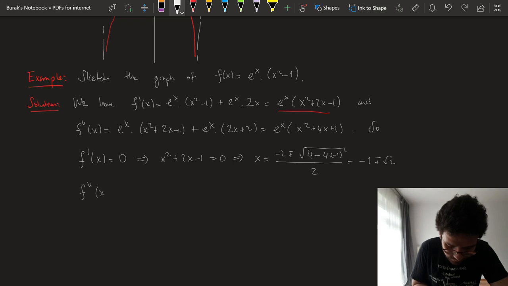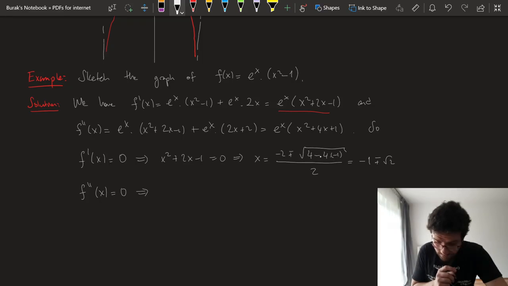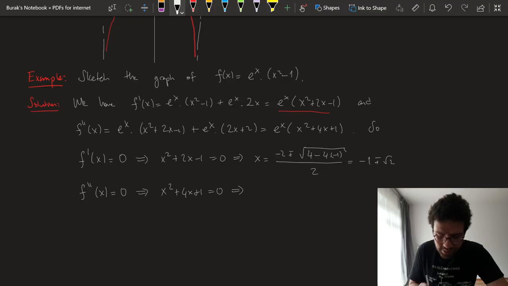And if I set the second derivative of f equal to 0, I get that x squared plus 4x plus 1 is equal to 0. But the discriminant of this is positive. Oh, then that's fine. It has roots. So let's find its roots using the quadratic formula.